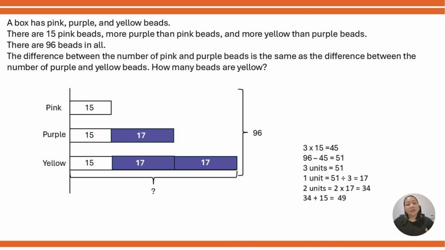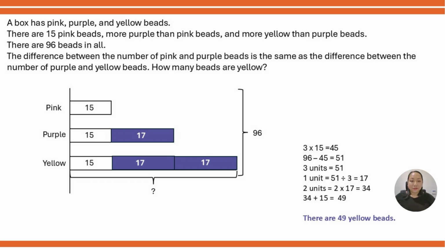So, I can do that by first getting what two units are equal to. We know that one unit is equal to 17, so 2 times 17 is 34. And then I just need to add 15 to that, and that will give me 49. There are 49 yellow beads.